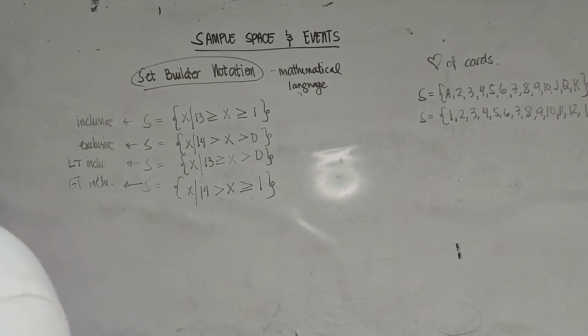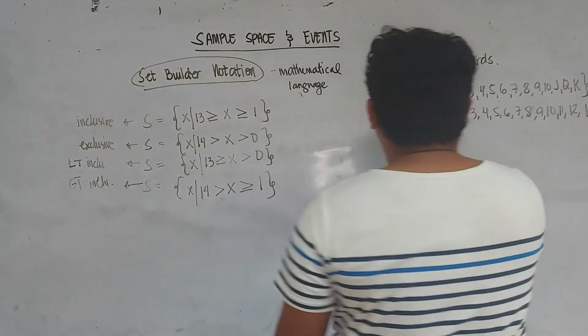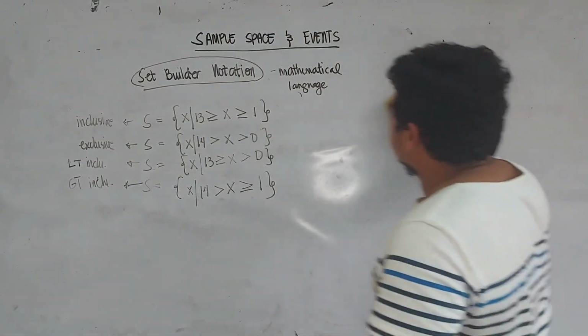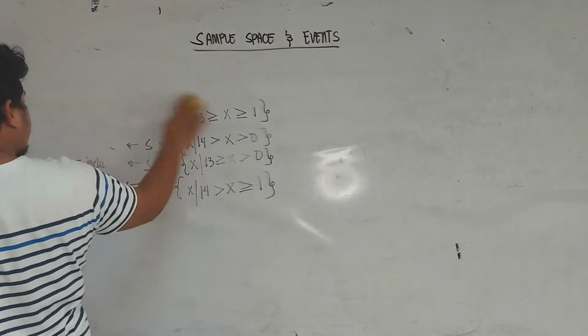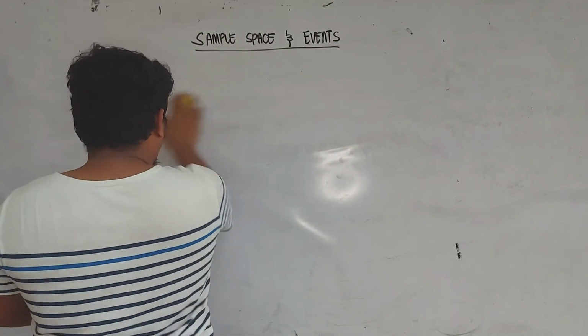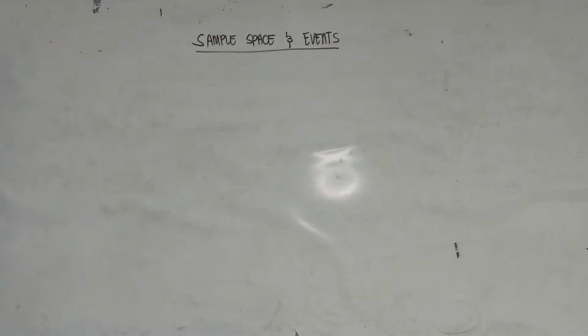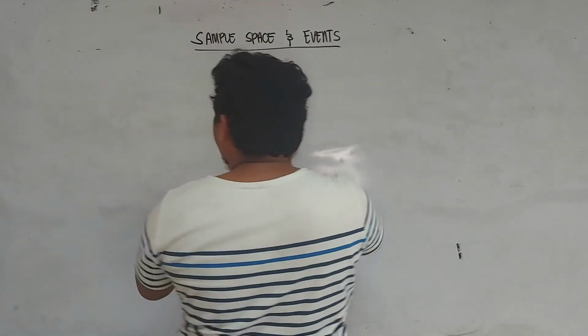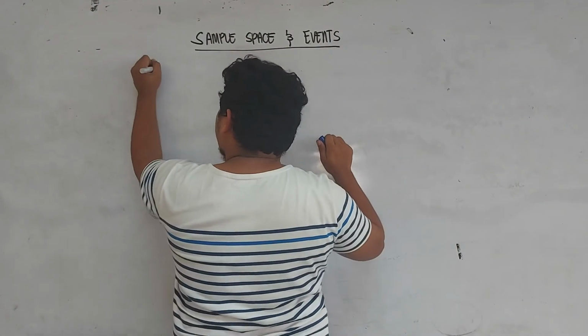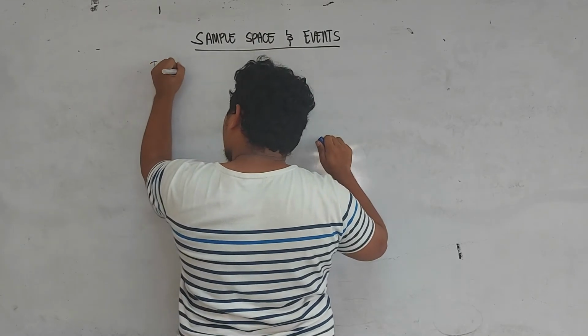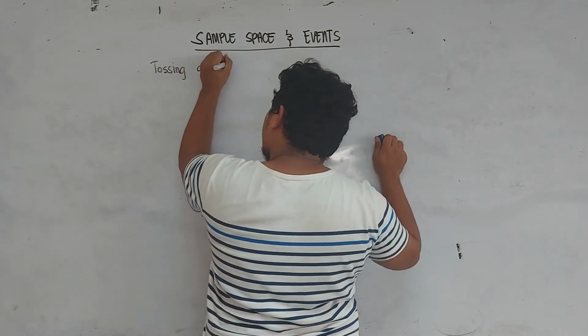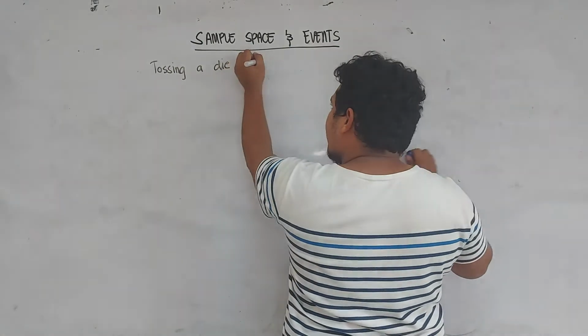to the next topic. When we talk about sample spaces, they are usually represented using a diagram. Example, tossing a die, the most basic example. In tossing a die, what is our sample space again?